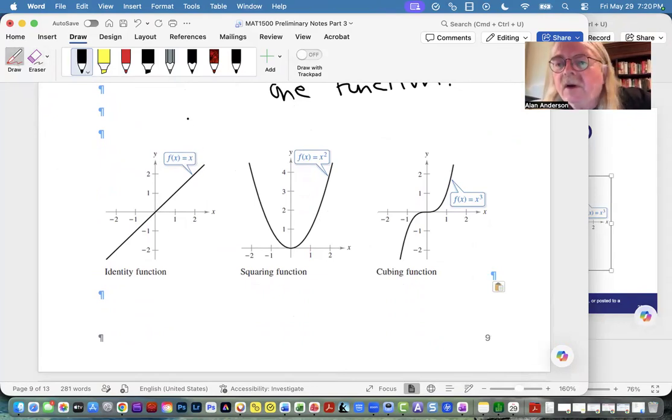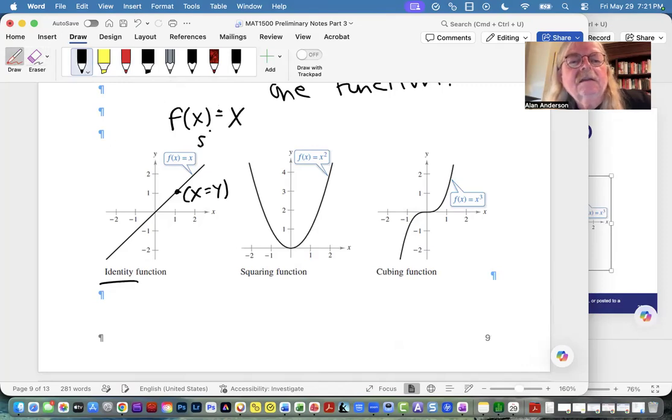So no matter what point I choose, x and y are equal to each other at every point along here. That's why they call it identity. So the function is y equals x, and the intercept is 0.